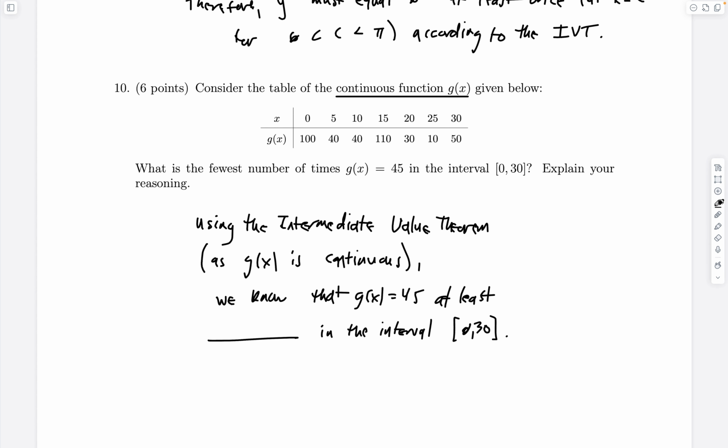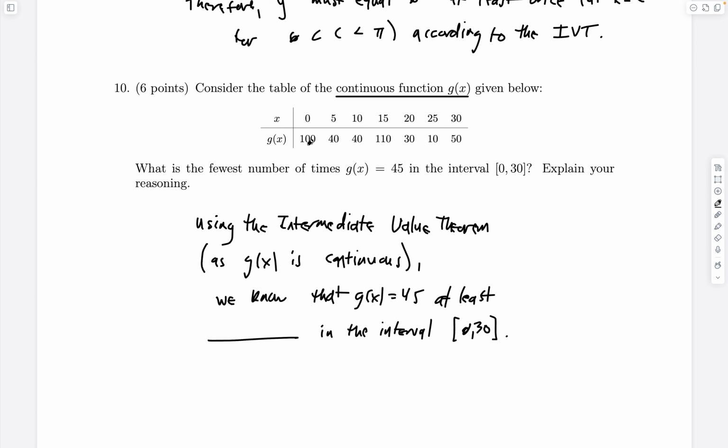Well, looking at the table, recall the intermediate value theorem says I need one value that's lower than 45, and the next value larger than 45, or vice versa, right? Basically, I need to go either from under 45 to above 45 or above 45 to below 45, and then I can guarantee that in that region, because the graph is continuous, I would pass by a 45, correct?